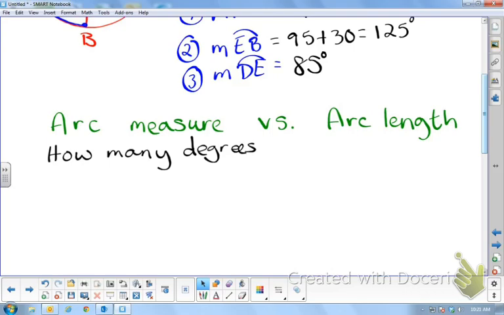Arc length would be the actual length of the piece of the circle. If we laid a piece of string down and then pulled it straight, we could measure it with a ruler or a tape measure. So arc length is the actual length along the outside edge.